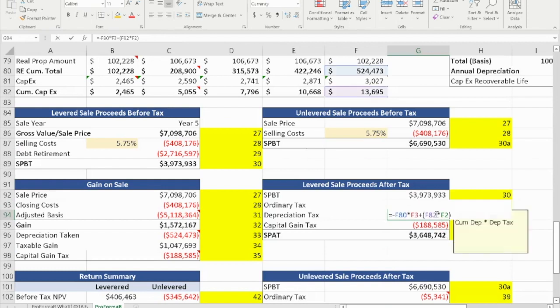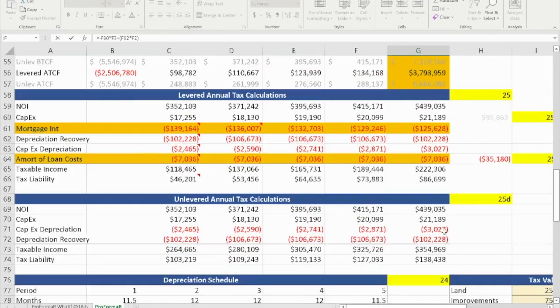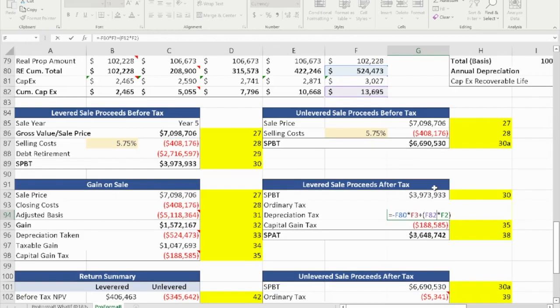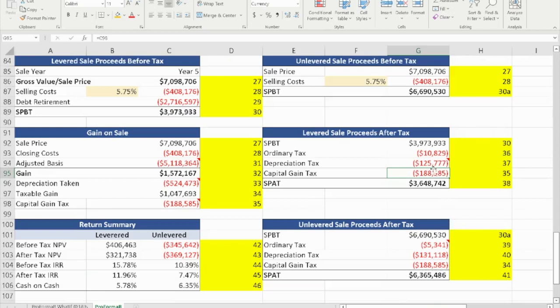The depreciation tax is going to be equal negative the total depreciation that was taken, which is $524,000, times the depreciation rate, and you're going to add that to the cumulative capex depreciation times its tax rate, which is 39%.